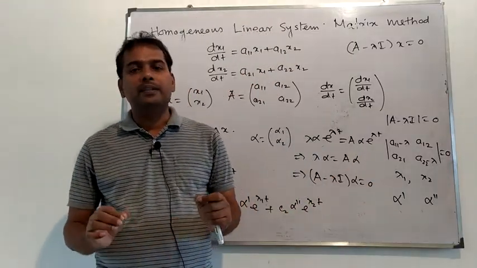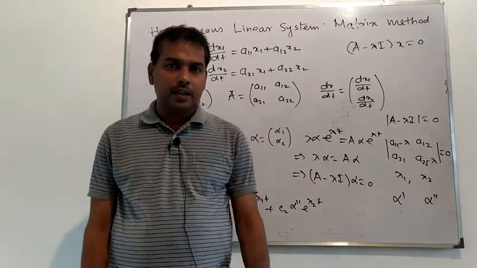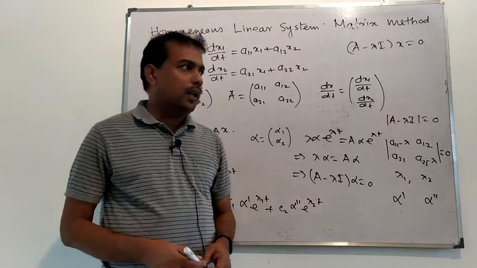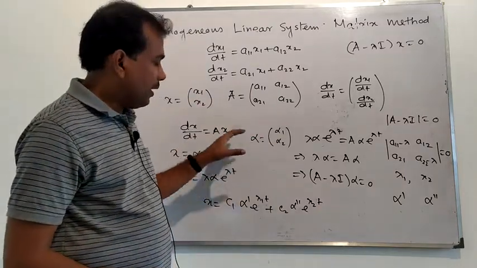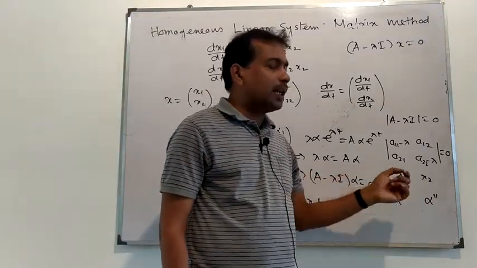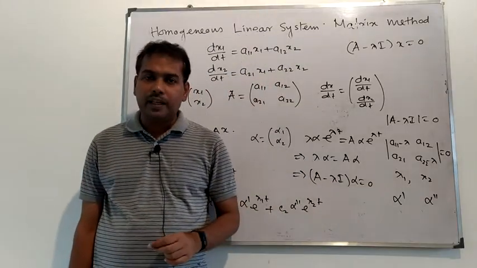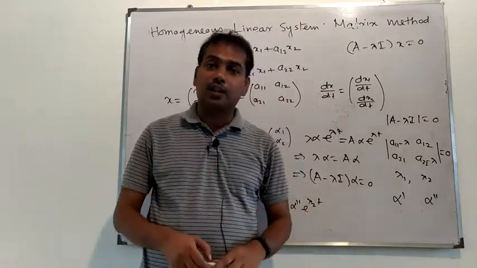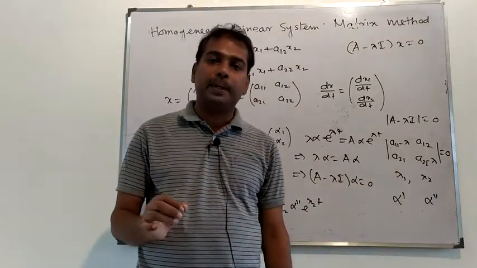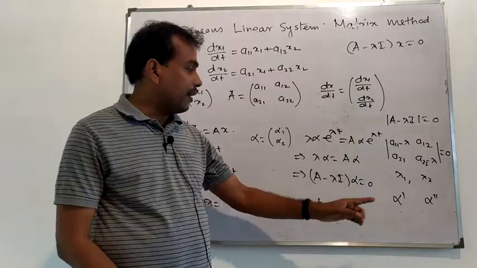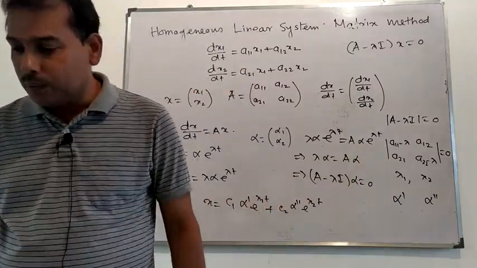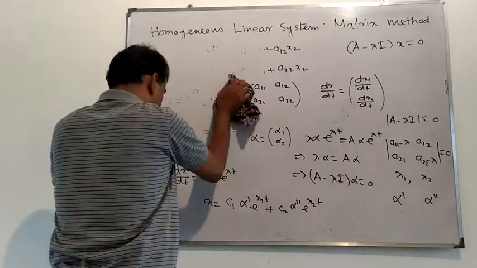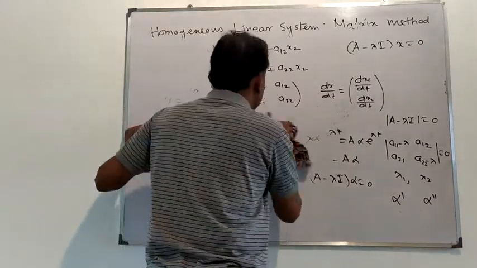We show by giving an example. Actually, we now give three examples. First one, where lambda 1 and lambda 2 are distinct real numbers. In the second example, lambda 1 and lambda 2 are distinct but complex, that is, complex conjugates. And in the third example, lambda 1 equals lambda 2 and is real.